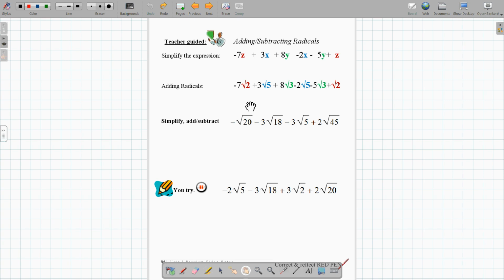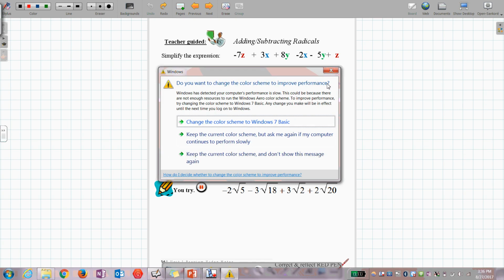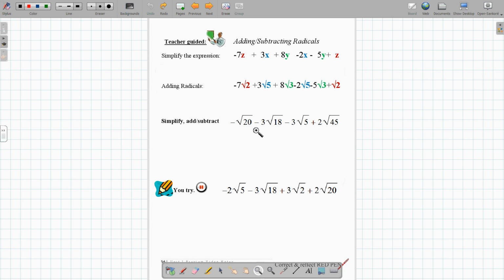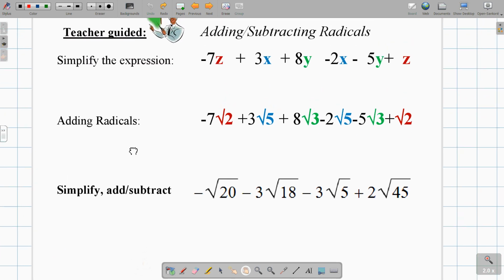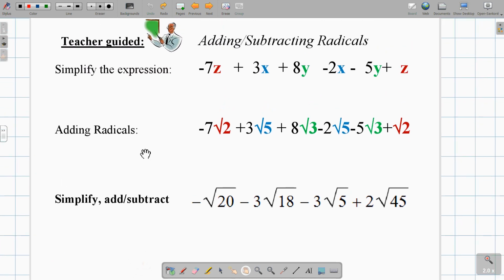First, I'm going to collect like terms. So I'm going to pick up my z's, negative 7z plus 1z. That's going to be 6z. Watch very carefully because there's so many terms. I like to cross stuff out as I use them. I'm done with that, done with that.